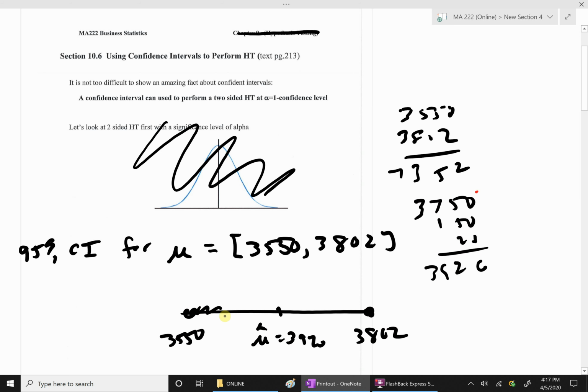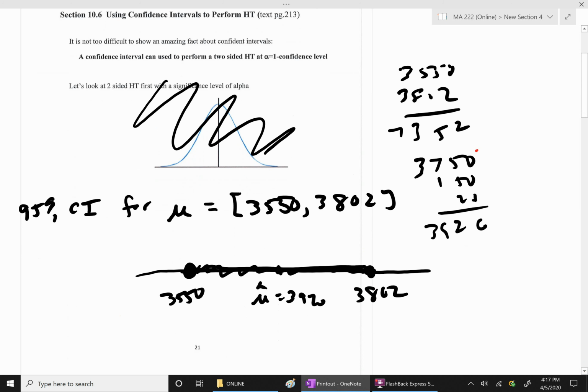So what he's saying is that if he had to estimate the range of values the parameter mu could have, he would say it's between 3,550 and 3,802. Now let's suppose he wanted to run a hypothesis test.